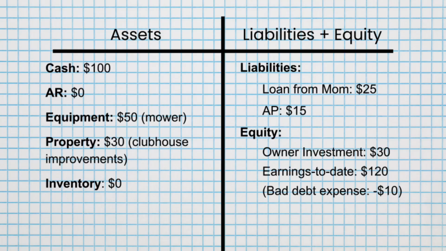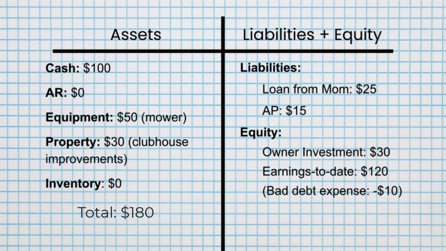So let's look at where everything stands after all the accounts receivable, payable, bad debt expenses, and sales. So our balance sheet shows assets with cash at $100, accounts receivable at $0 because it went up by $10 for the rental, but then down again by $10 for bad debt, a mower worth $50, a clubhouse with improvements worth $30, inventory at $0, for total assets of $180.